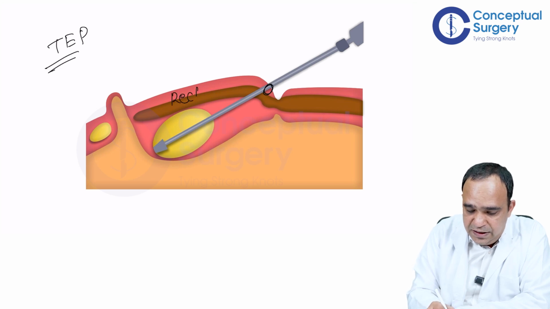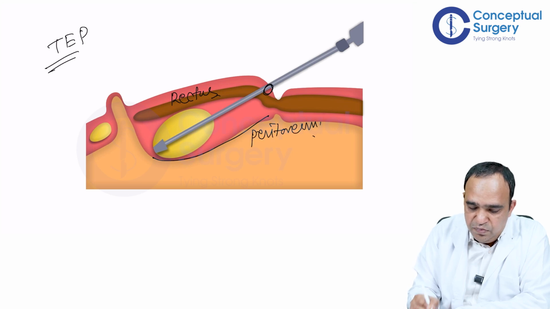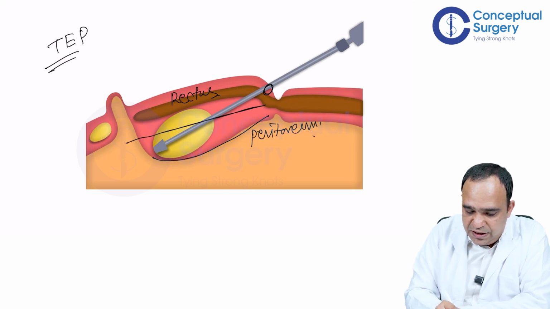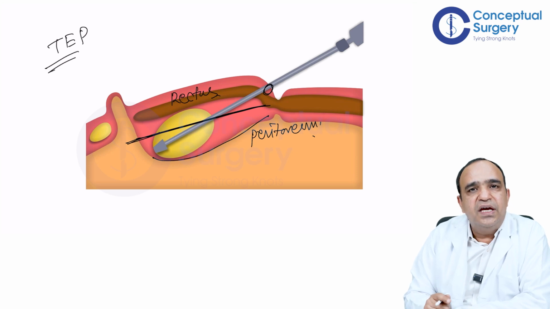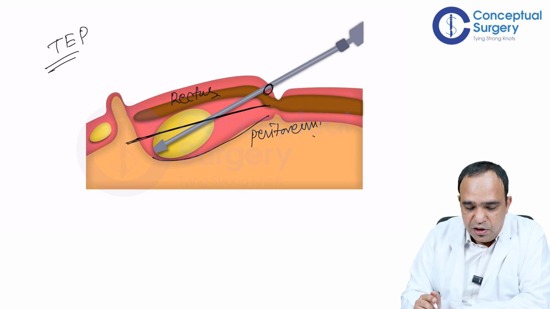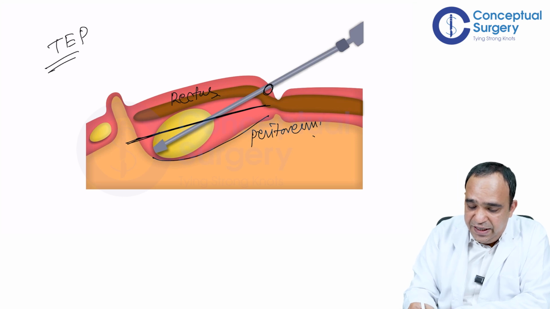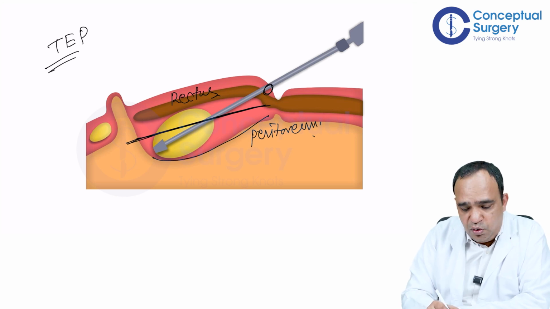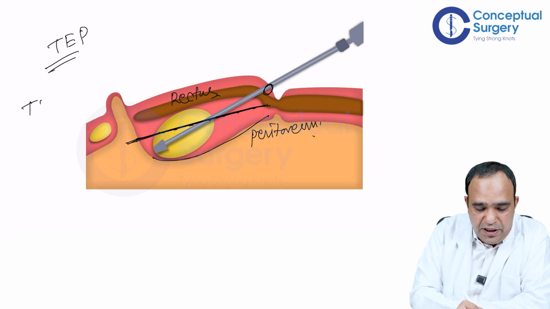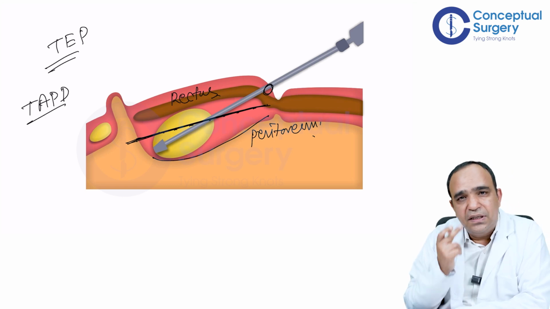This is the rectus and this is the peritoneum, and we place the mesh in the preperitoneal space, in front of the peritoneum. So in TEP, total extraperitoneal repair, we enter directly into the preperitoneal space and place a mesh here. Now TAPP, what is the difference?